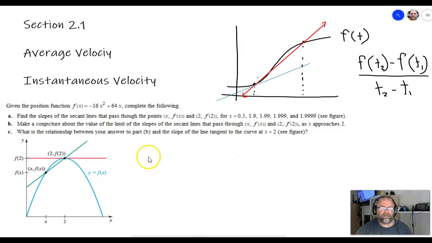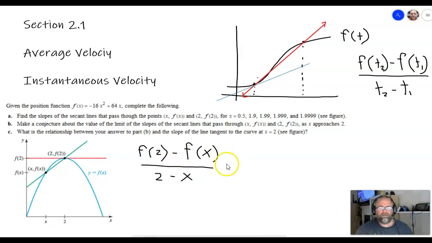So it's going to look like this: f of 2 minus f of x, all over 2 minus x.